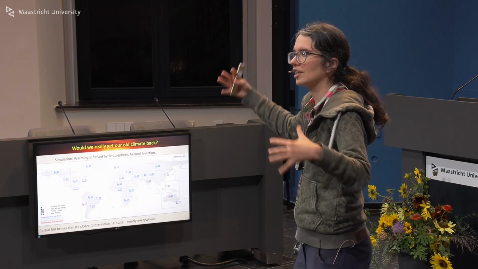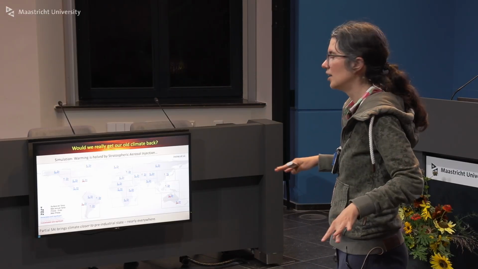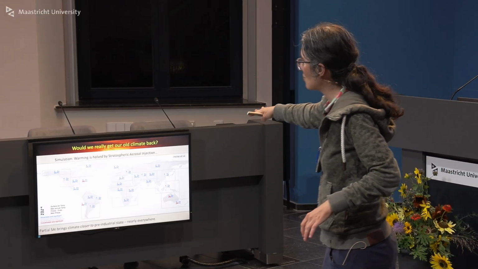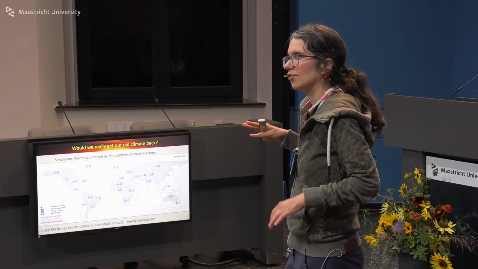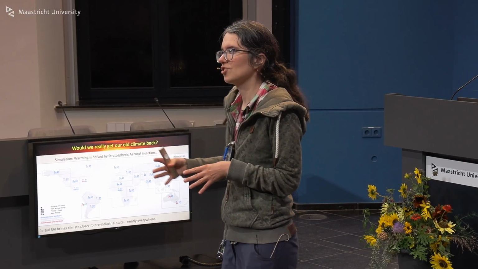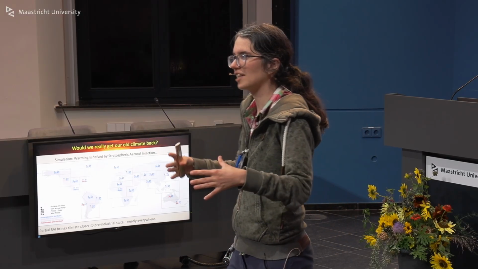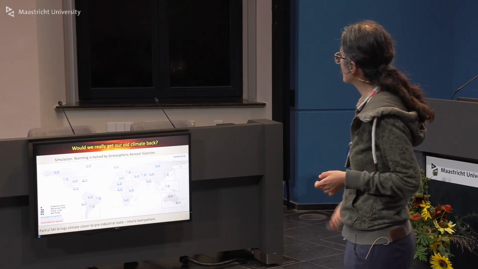So blue means you get closer to the old climate, and red means it gets worse, you get even further apart. And let's put it like this, there's way more blue than red in this graphic. So it looks like SAI is far from perfect, you will have some remaining climate change, but it can broadly push you closer to the old climate, which worked pretty well for humanity.